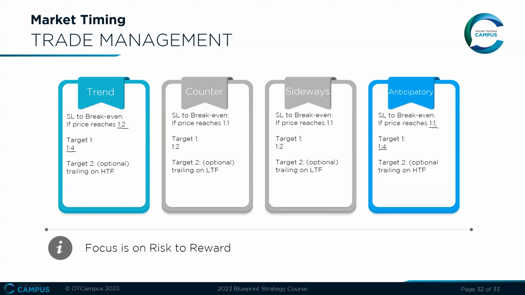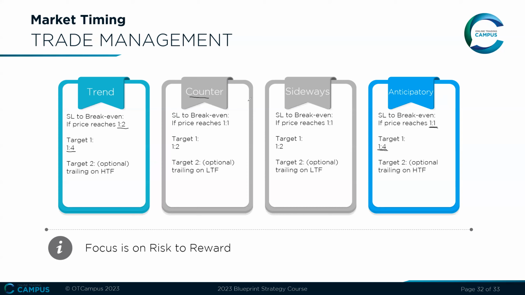And so since we're technically trading a counter trend trade, but with the idea that, hey, it's the end of the bend, we're going to put our stop loss to break even at a 1 to 1. But since it's not a counter trend trade, since we're anticipating a bigger move, anticipatory, we're going to look to take bigger profits. So 1 to 4.